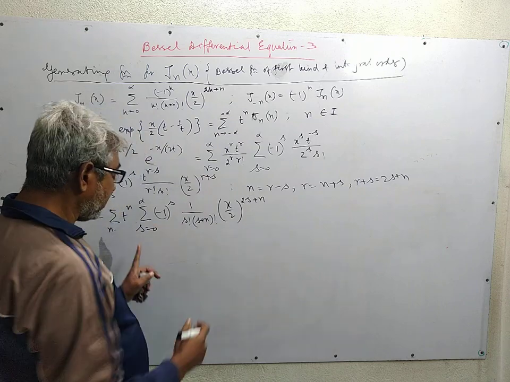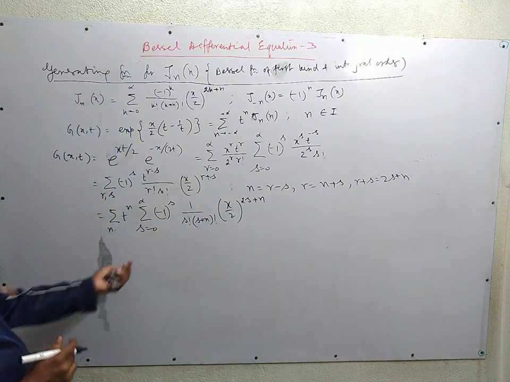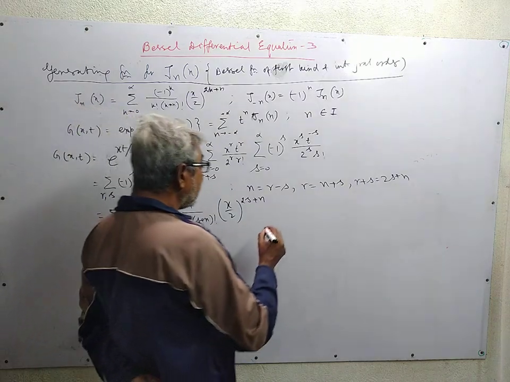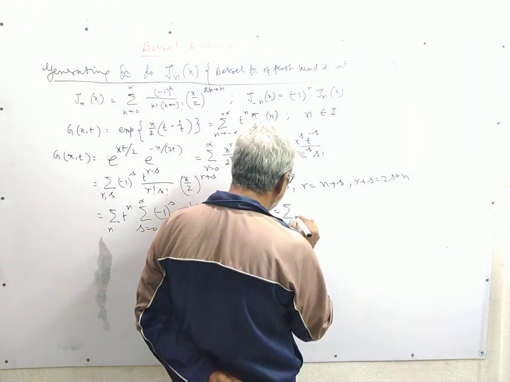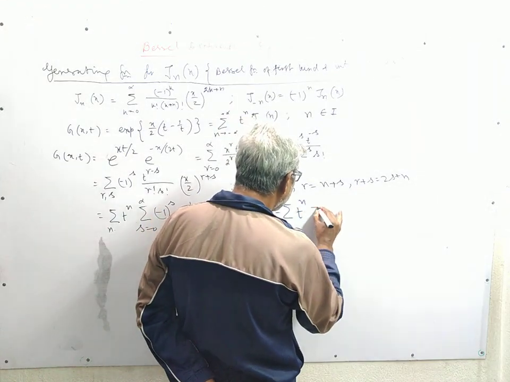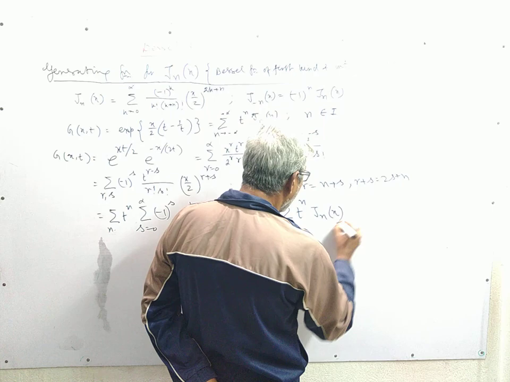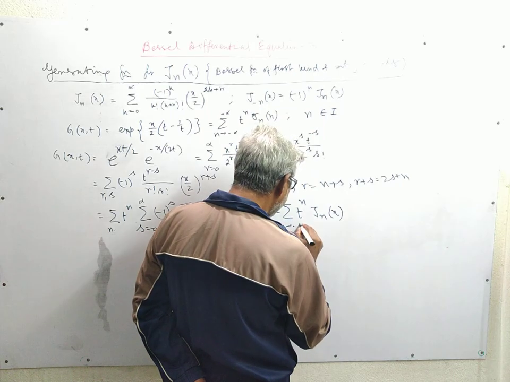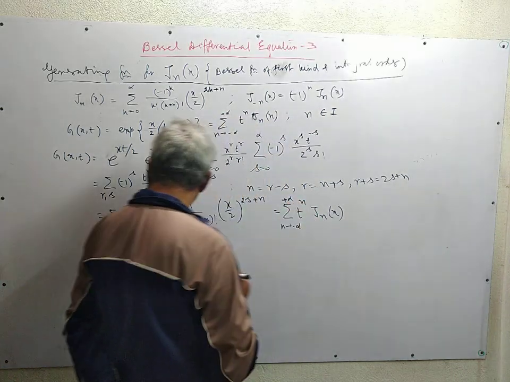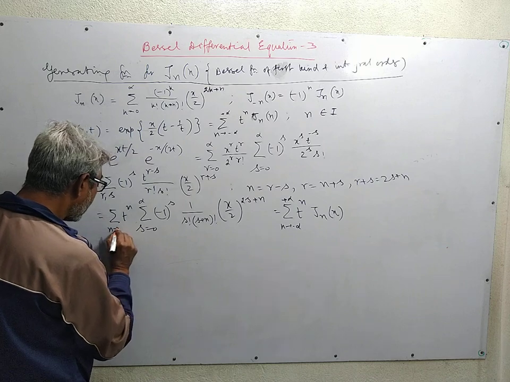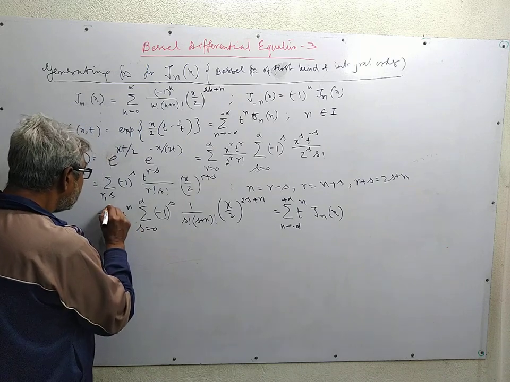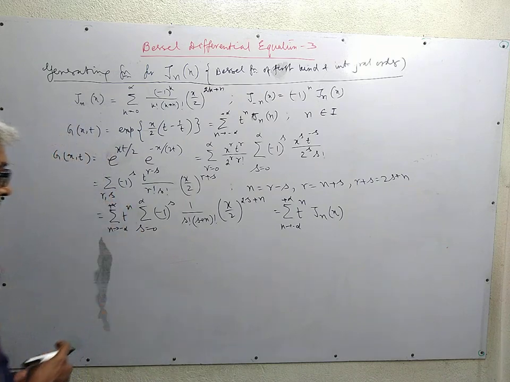The quantity within the s summation is simply Jn of x, so this is equal to t to the power n Jn of x, and n ranges from minus infinity to plus infinity. So this is the generating function for Bessel differential equation.